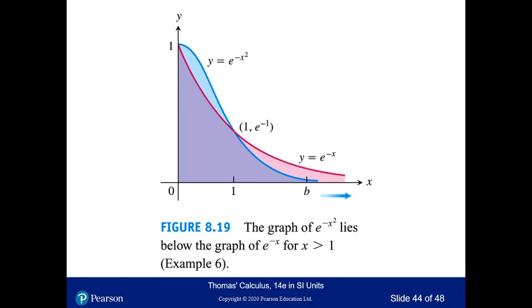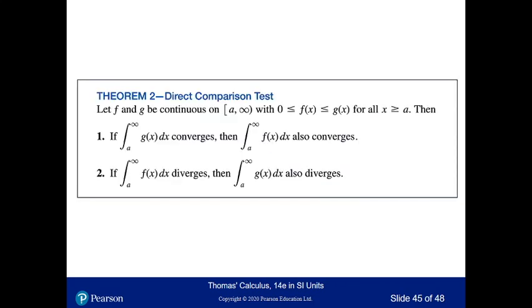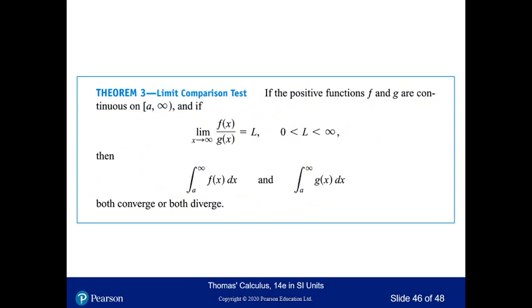So that tells us that the area underneath the curve for the blue function e to the negative x squared is finite. We did this by using the direct comparison test.